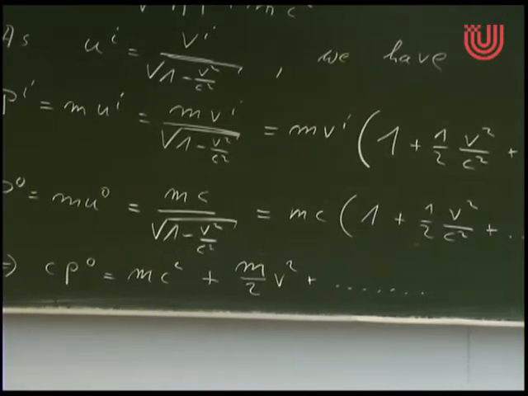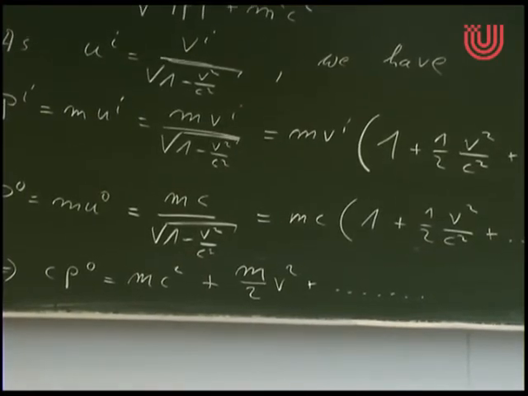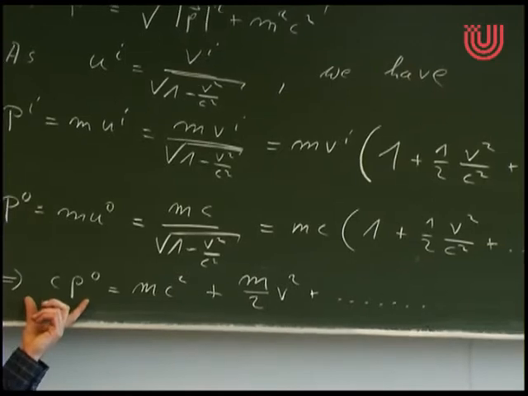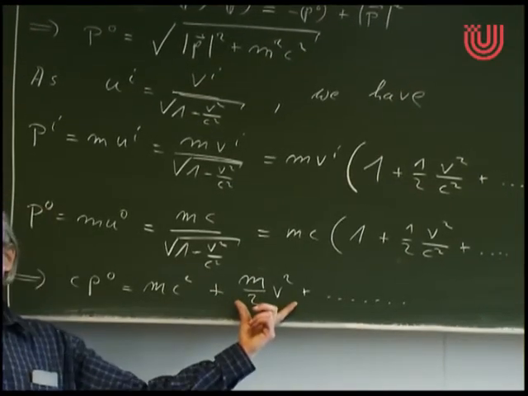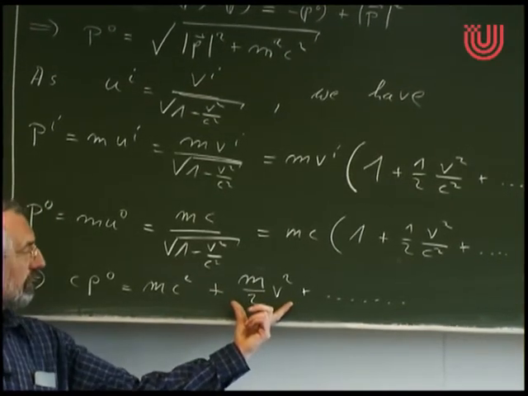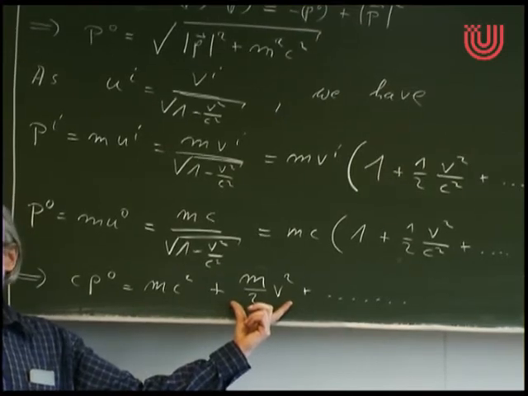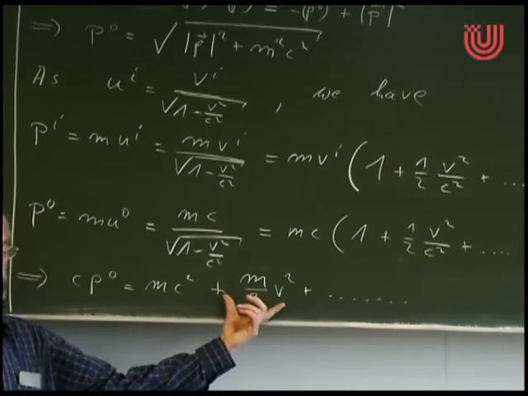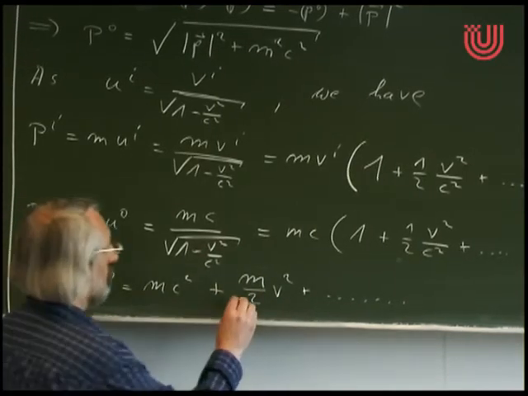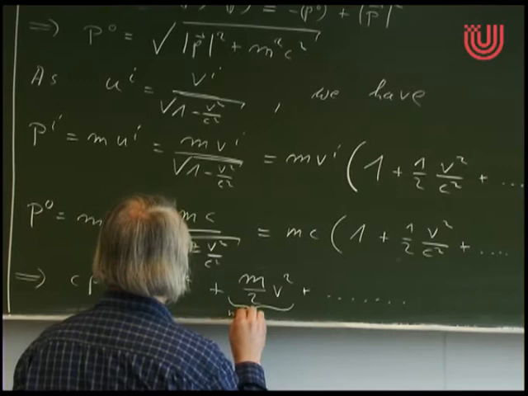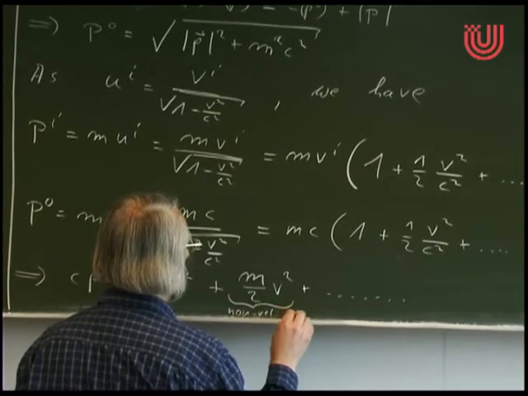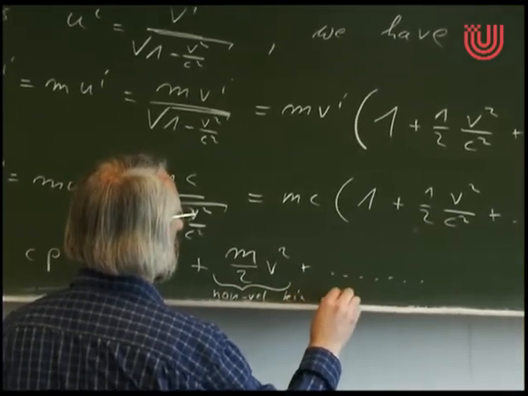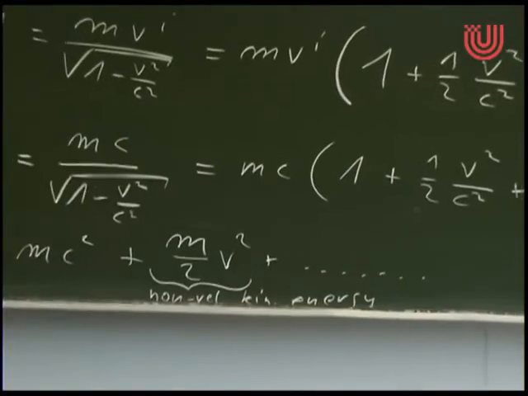And this tells you how you can interpret this component p naught, or rather c times the component p naught, because this is something which everybody recognizes, right? That's just a non-relativistic kinetic energy. So this is a relativistic modification of the energy. And you see in which way this changes now.